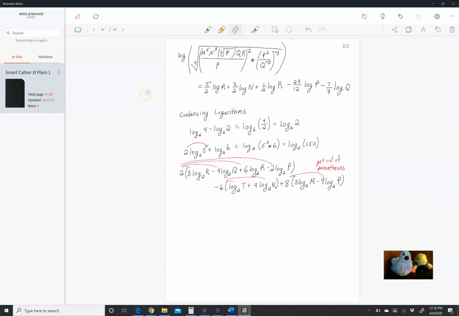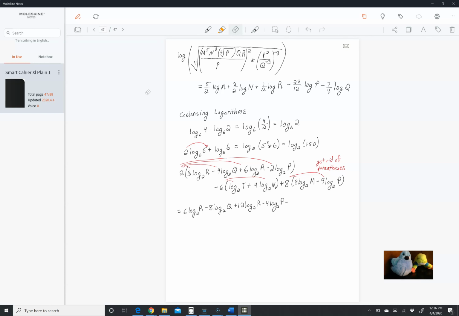So when we get rid of our parentheses, this is 6 log base 2 of r. Remember, you always want to check your bases. If the bases are different, you can't do anything. Minus 8 log base 2 of q plus 12 log base 2 of r minus 4 log base 2 of p.